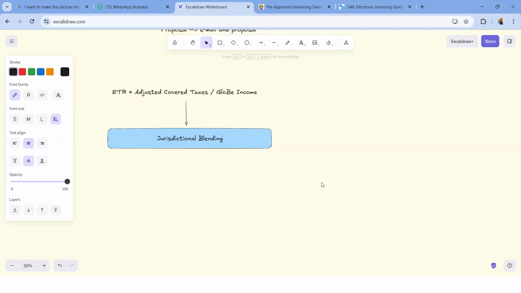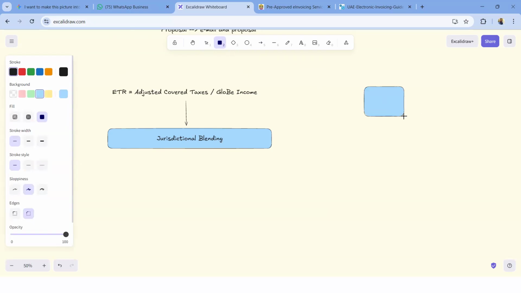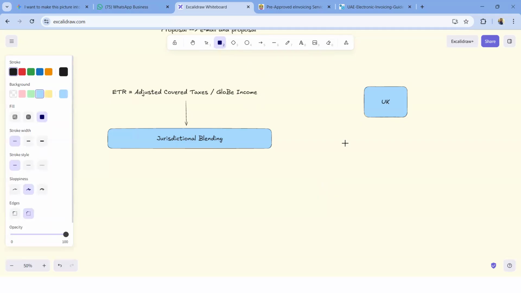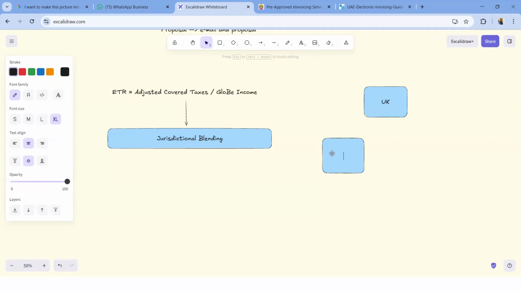Now, it does not work as one MNE as a whole. Let's take, say, I have one MNE. Let's say this is in UK and this is in Netherlands.